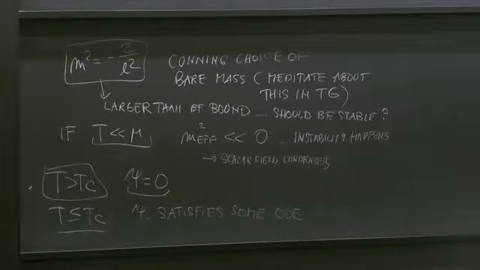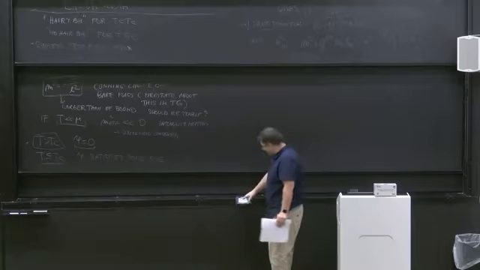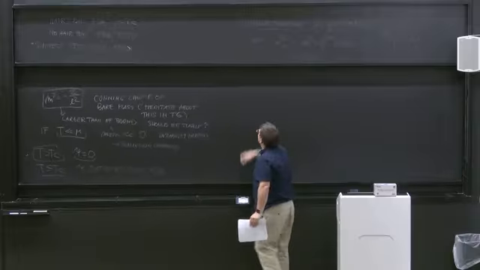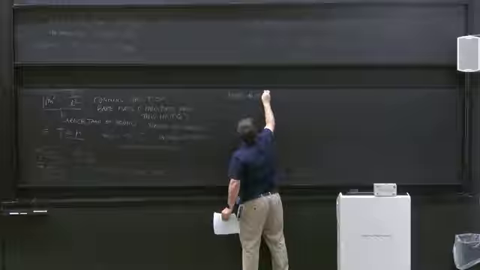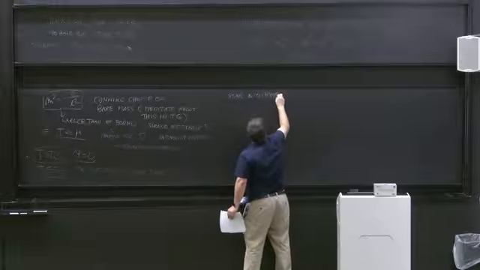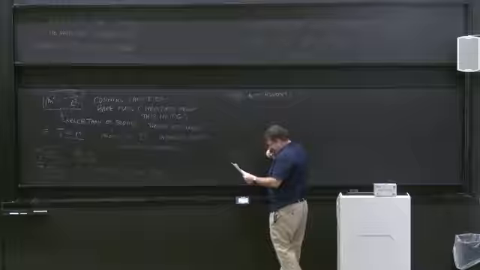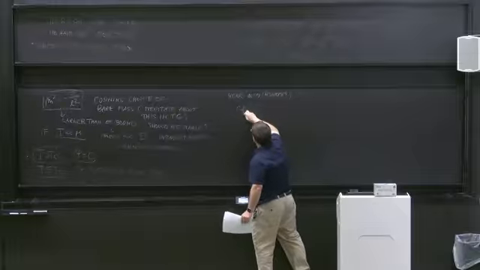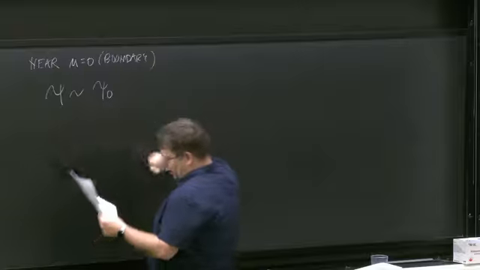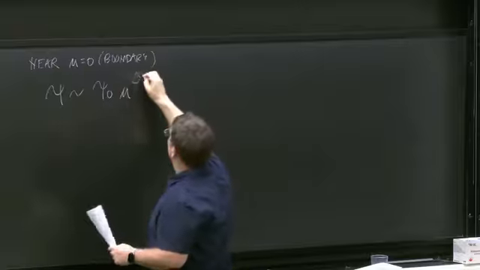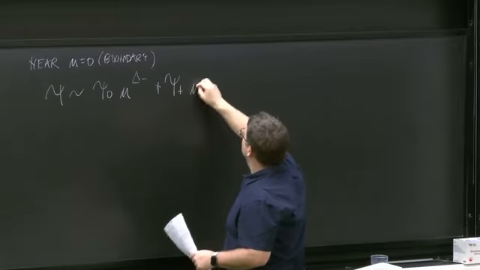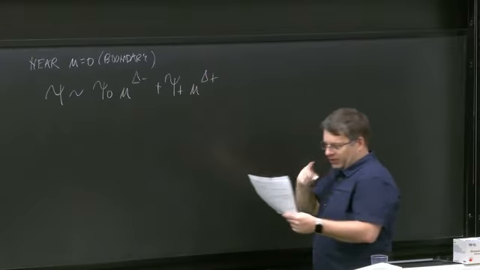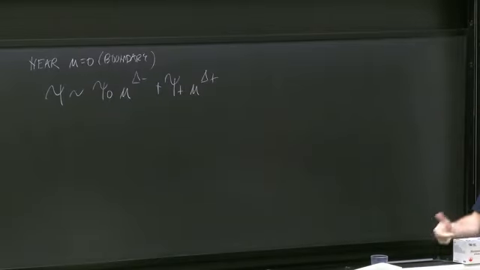What you do, as you always do in AdS/CFT, is look at the boundary. Near u equal to 0, which is the boundary, you find that psi behaves like psi_0 u to the delta minus, plus psi_plus u to the delta plus, where these delta plus and minus are your favorite deltas related to the mass, as we talked about 2 weeks ago.